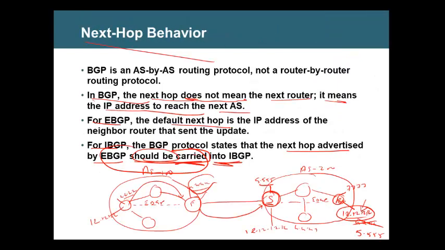If it comes to the S router, it will send to F. It won't send to K. K is not the owner. It will send to F, and F will send to this router. If K receives any packet to 12.12.12.12, it will send to S, and S will send to F, and F will send to this router. You got it? Don't get mixed up with two things. One is the route update. BGP update is a route update. And the packet is your ping packet or some other packets.